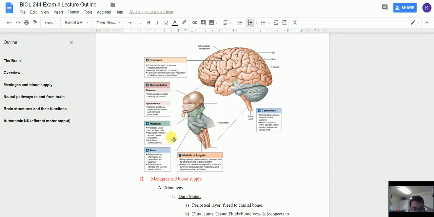The pons relays sensory information to the cerebellum and the thalamus. The medulla relays sensory information to the thalamus and other portions of the brainstem.